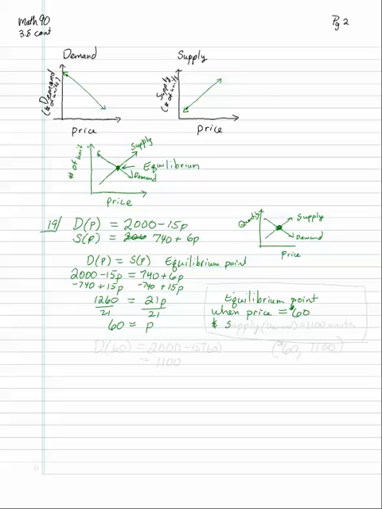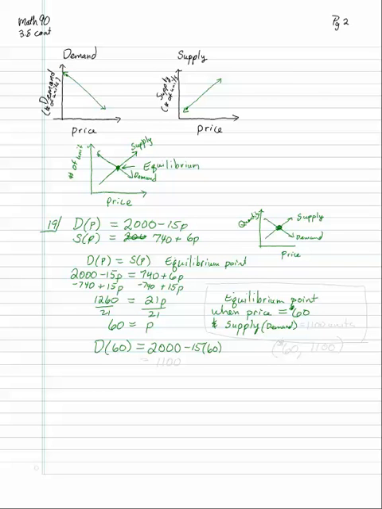And the supply would be, so now we plug in 60 into either equation. They're equal to each other, so it doesn't matter. So if we put in 60, again you can put in either equation because they're going to give you the same answer.